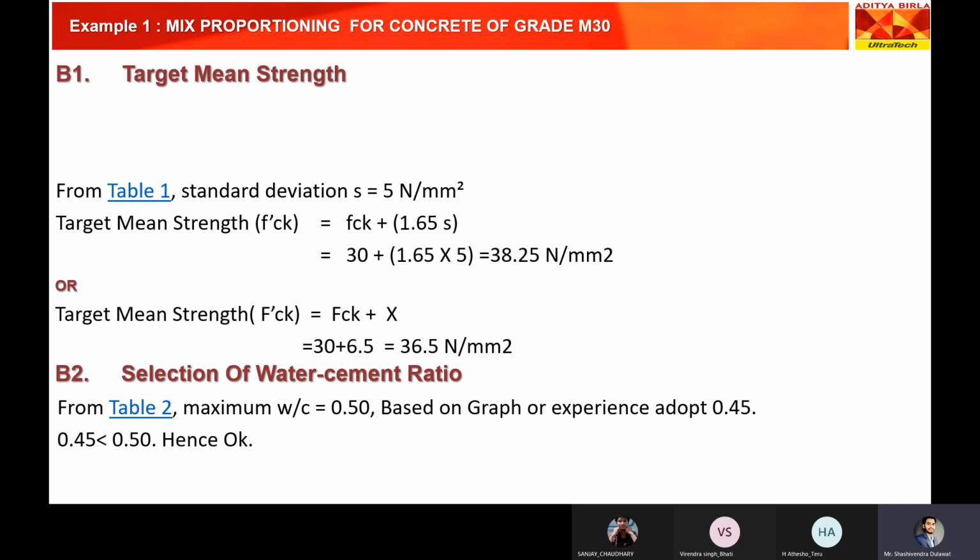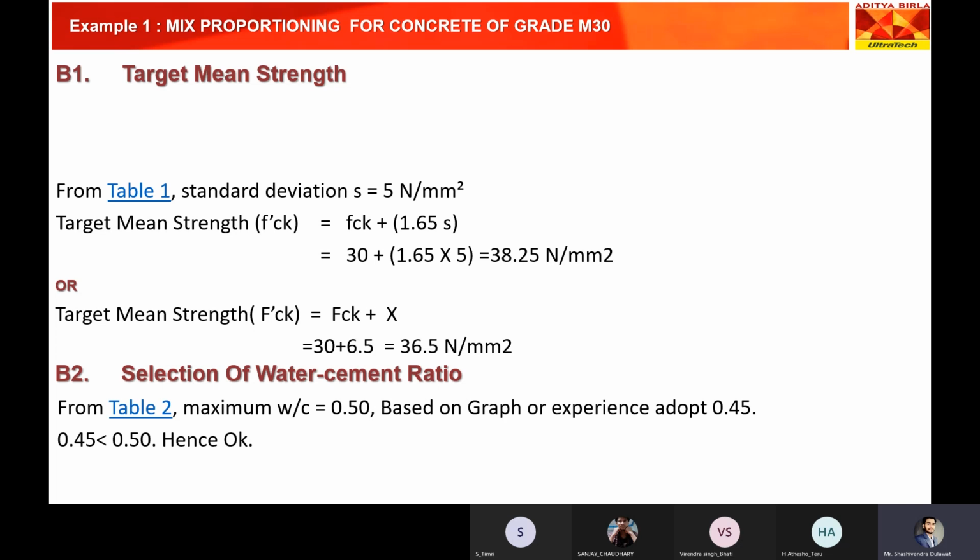According to Indian Standard 456-2000, we will take the value from that code. According to that code, the value of s is 5. Then we calculate the target mean strength, which is equal to 38.25 Newton per mm square.